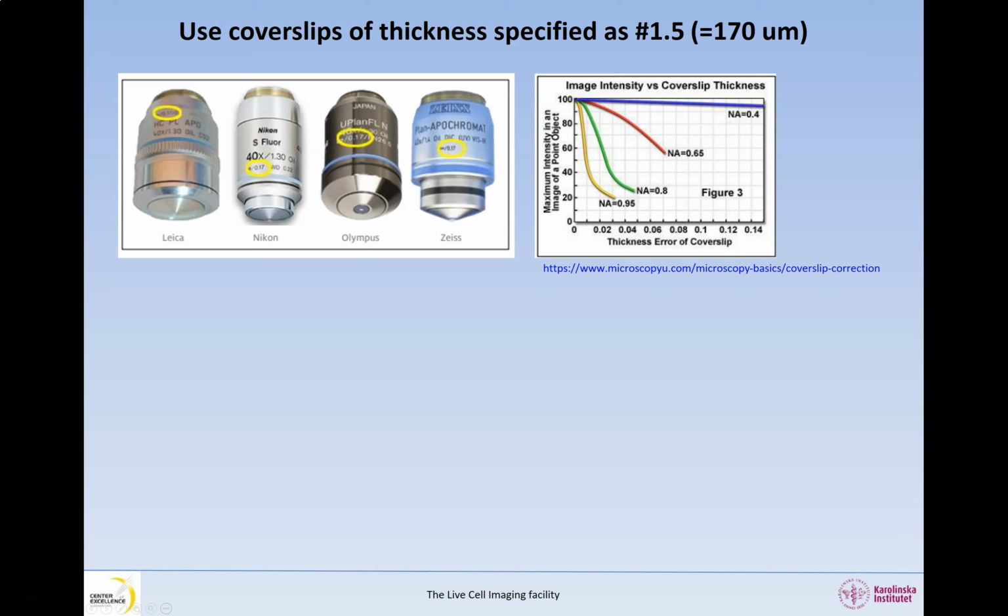The graph at the right presents the calculated maximum intensity in the image of a fluorescent bead, which could easily be your sample, versus the deviation of the cover slip thickness from the ideal value of 0.17 millimeters, as a function of objective numerical aperture.